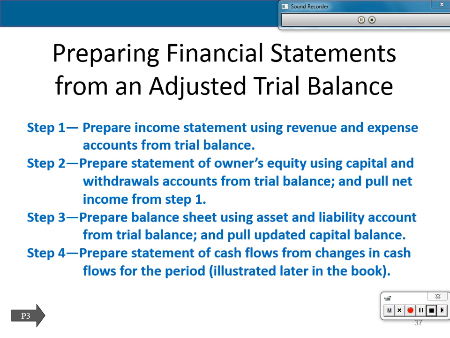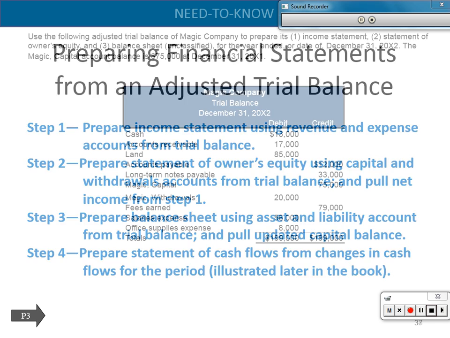Net income or net loss. You take that net income or net loss and it goes on the statement of owner's equity. You get the ending capital balance and that goes where? On your balance sheet. And on your balance sheet, your cash account goes where? Statement of cash flows.